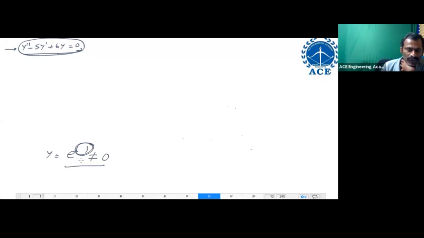That is why, to find the non-zero solution of the differential equation, we assume y equal to e power something as a solution of this equation, and with the help of that, we try to find the actual solution. Here I will show you that part.